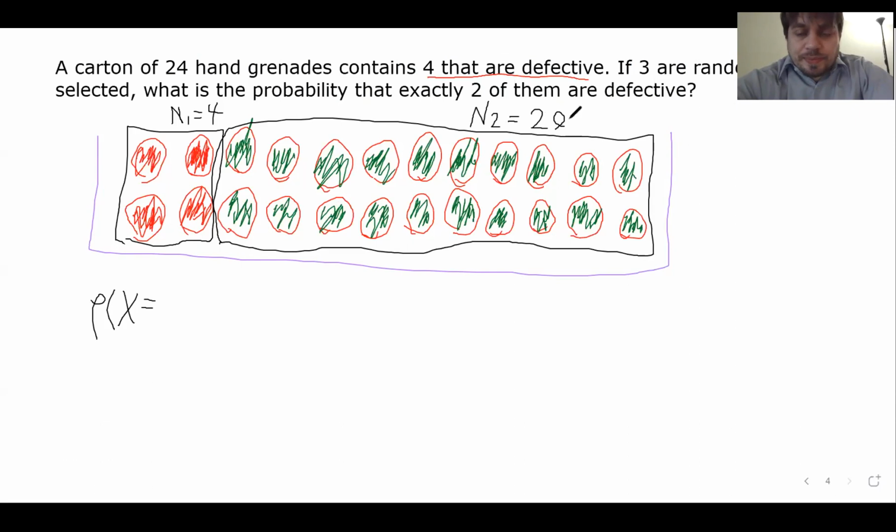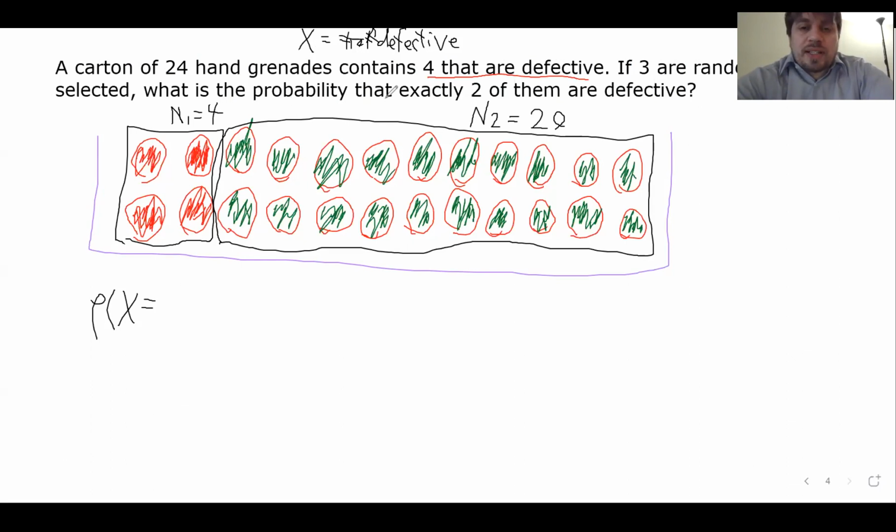We want the probability that exactly 2 of them are defective. Well, I'm going to say capital X is the number of defective ones that you choose in this situation. So you choose 3 at random, right?